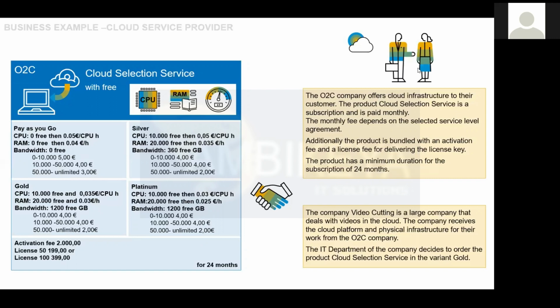You are able to select a different service level. The service level pay as you go has different prices than silver, gold, and platinum. We are using a configurable product with different prices depending on the service levels, in order to have an example in the training landscape that is complex enough to show the features in the different modules.